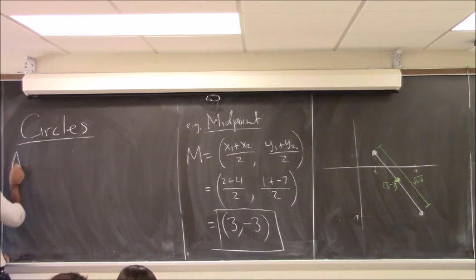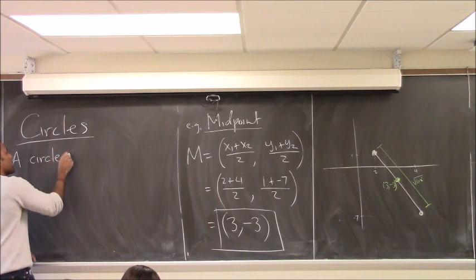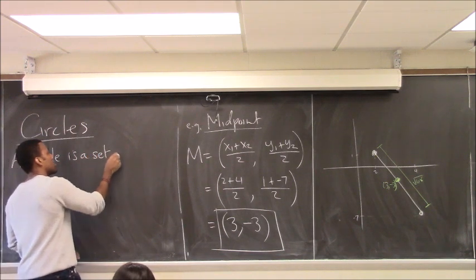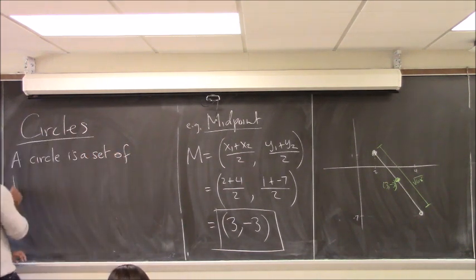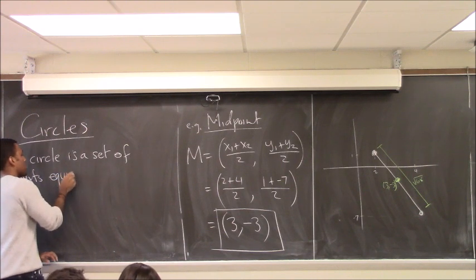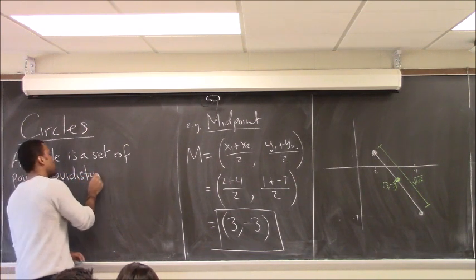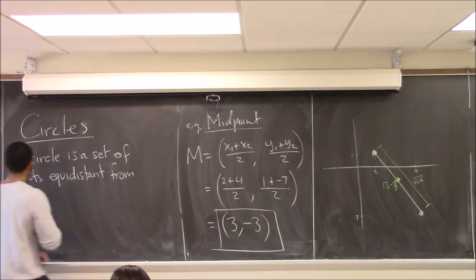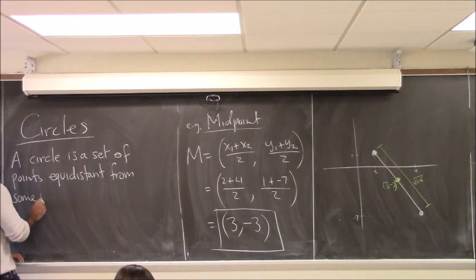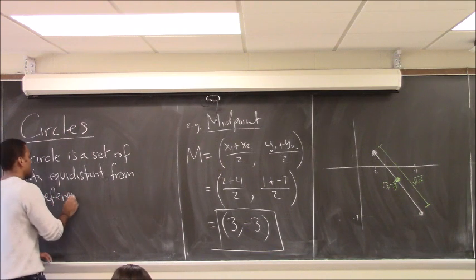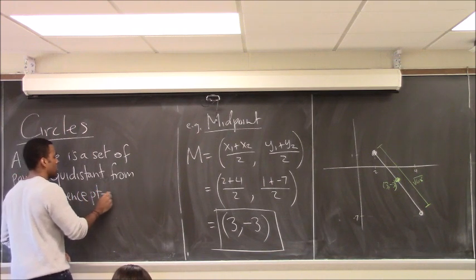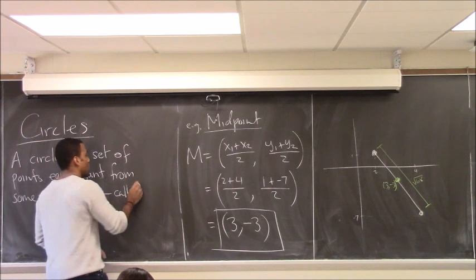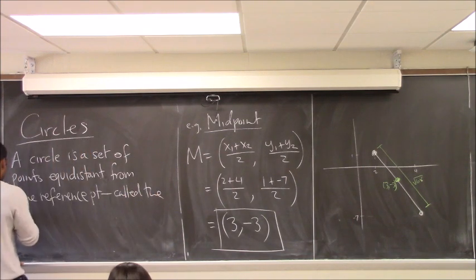So, a circle is a set of points equidistant from some reference point called the center of the circle.